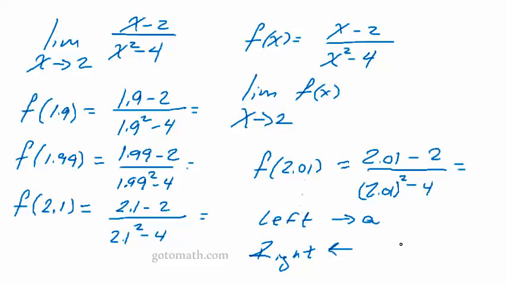I'm going to put an arrow like that and say that number's B. But if it looks like A is equal to B, then we could say that the limit as x approaches 2 of this guy is equal to A or B, as long as they're both the same. So that's all there is to trying to evaluate the limit numerically.